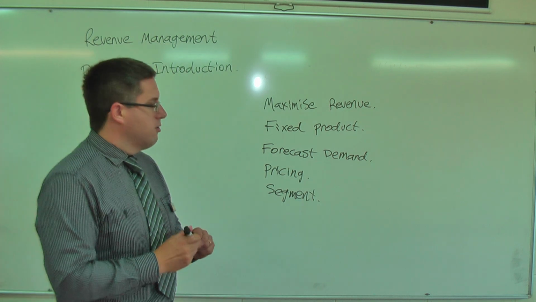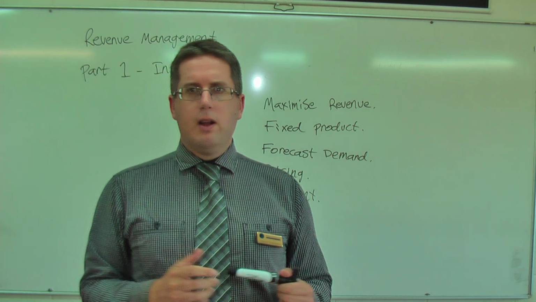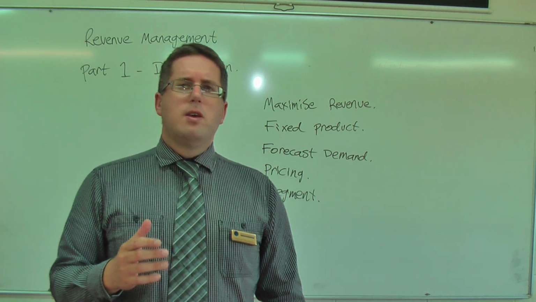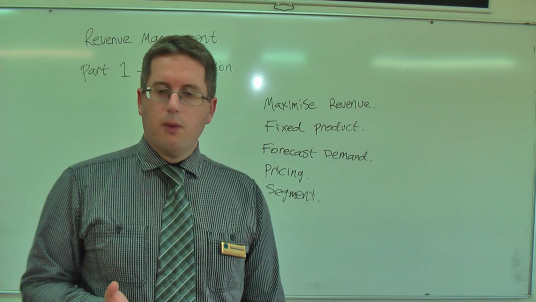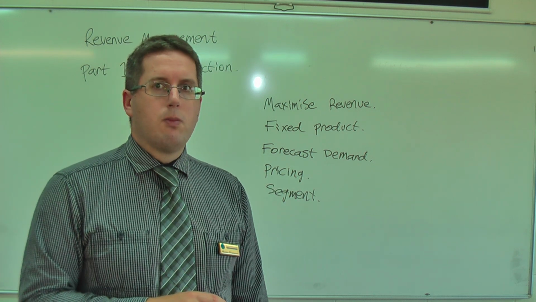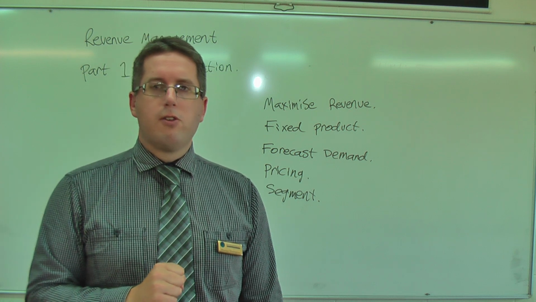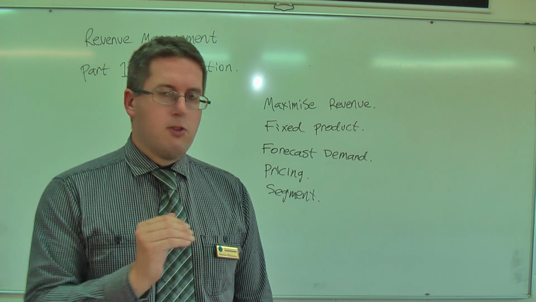Now, a bit of history about revenue management. How did it develop? Well, it came out of the airline industry in the 1980s in America. What happened is the airlines went from being publicly owned to privately owned. And so private organisations went, right, we're going to do things very differently. Low-cost airlines came out and they did super saver fares.